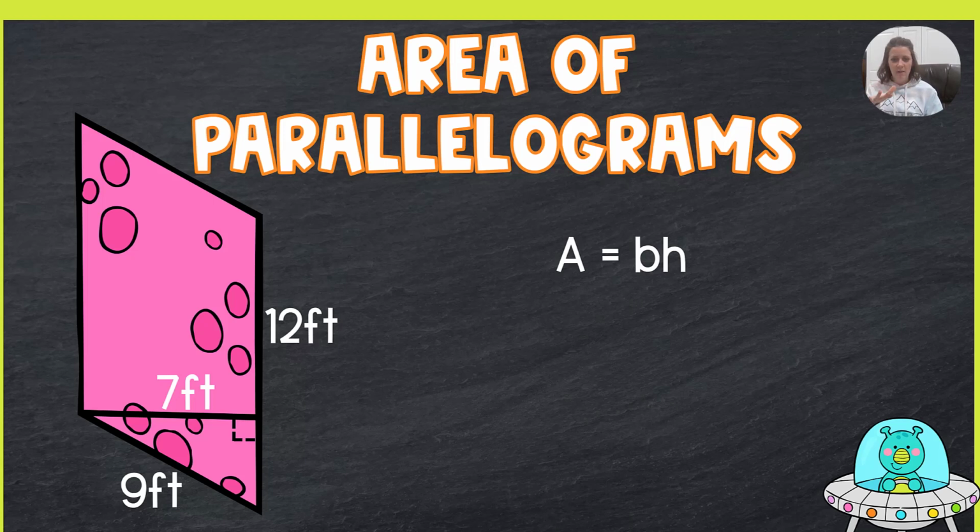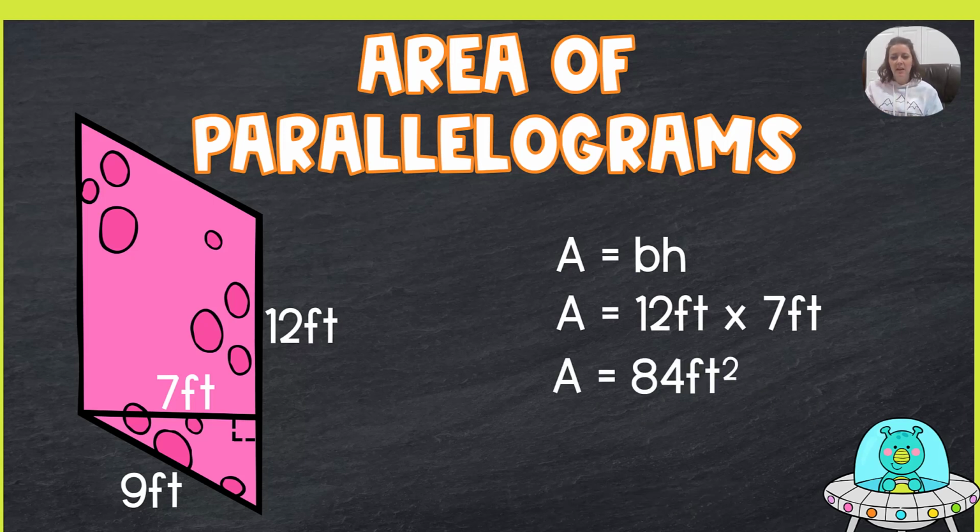I'm writing it down every time. And in this case, those 2 measurements that form perpendicular lines or a right angle are 12 feet and 7 feet. So 12 times 7 is 84. Feet times feet is feet squared. So the area of this parallelogram is 84 feet squared.